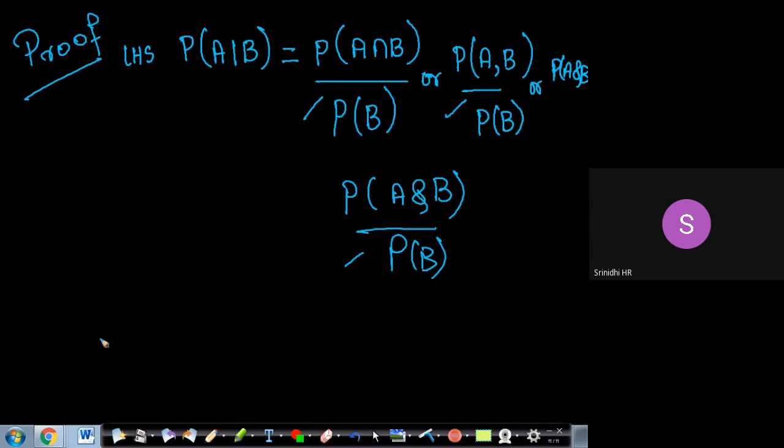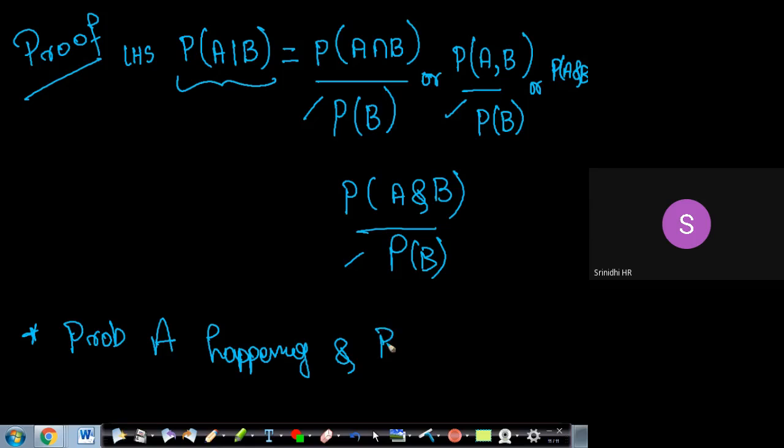So what does it mean? Can anybody define this term? What does probability of A given B mean? It is the probability of A, capital A, happening given that B has happened.